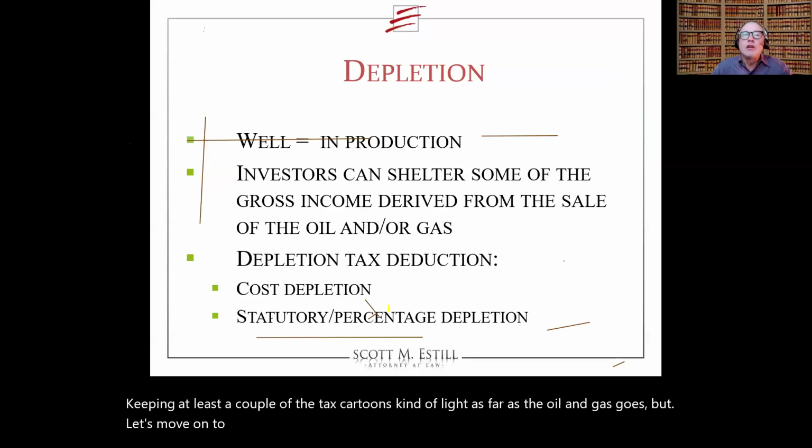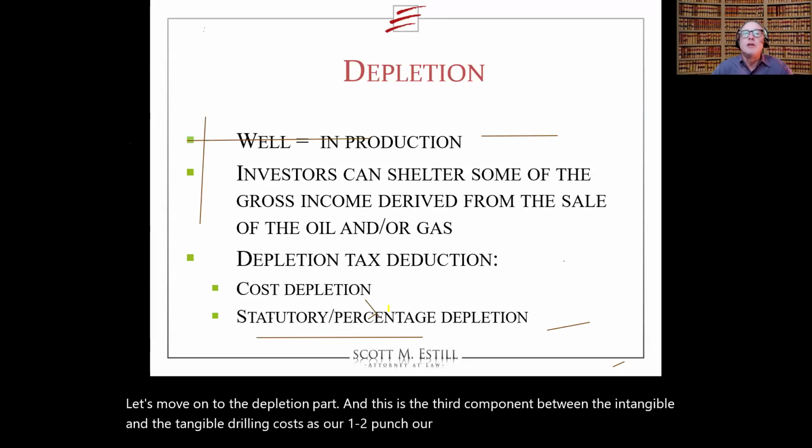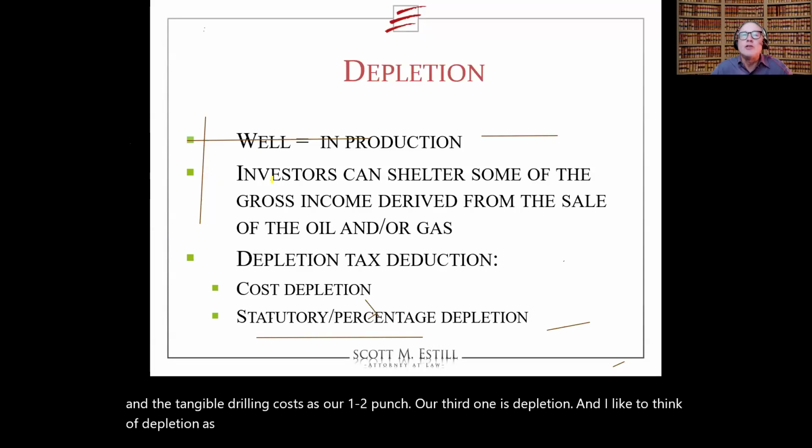And this is the third component between the intangible and the tangible drilling costs as our one-two punch. Our third one is depletion. And I like to think of depletion as being very similar to depreciation.